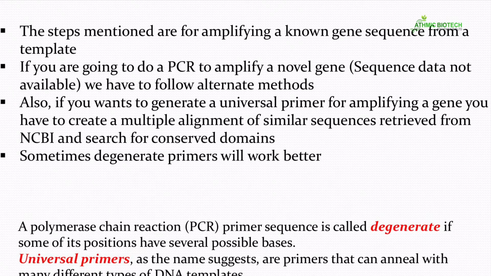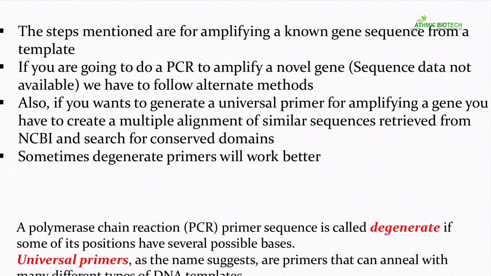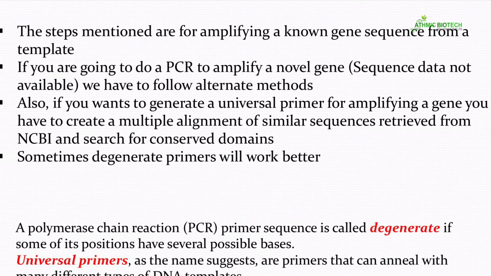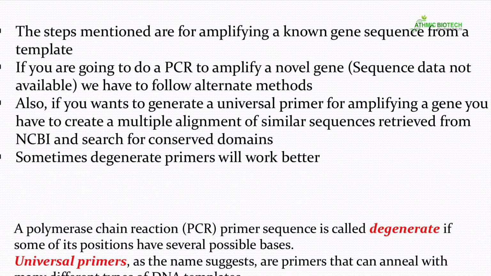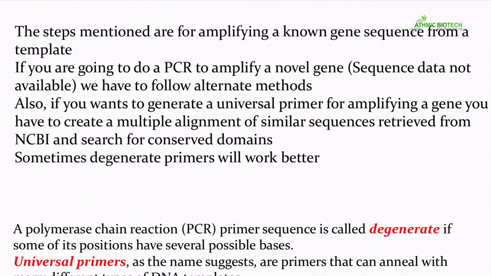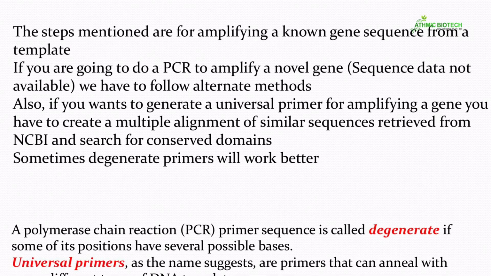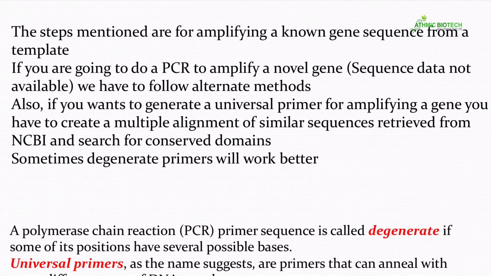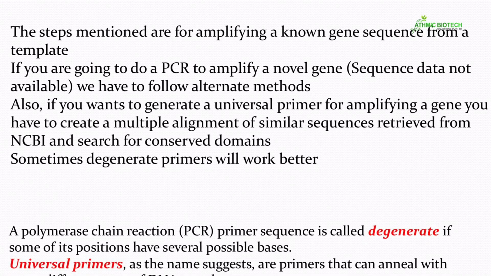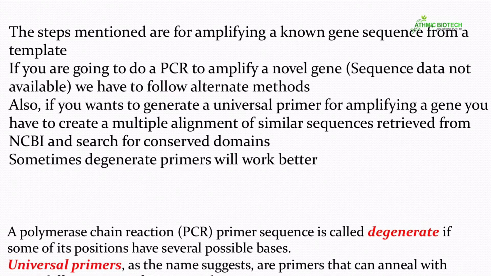Sometimes in the case of genes other than molecular marker genes, as I mentioned, asparaginase is not a molecular marker gene. It is an enzyme coding gene which shows a lot of variation within and among species. In such cases, you have to go for degenerate primers. Degenerate primers means the primer will be a mix of more than one type of primer.